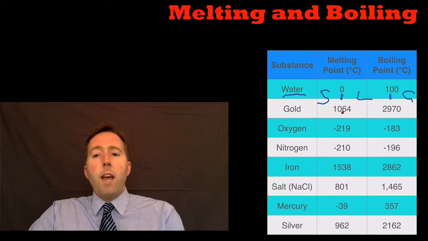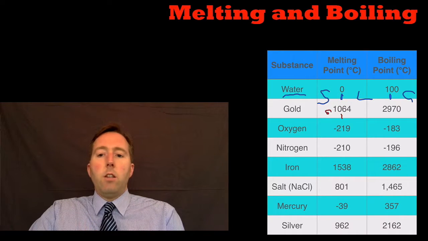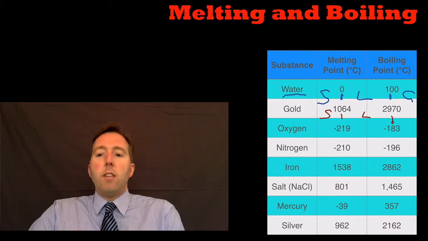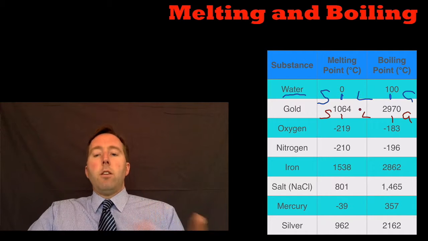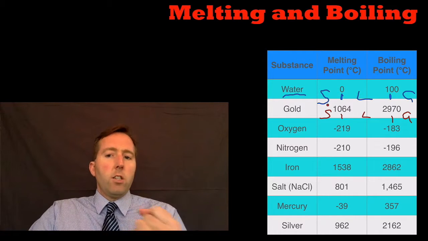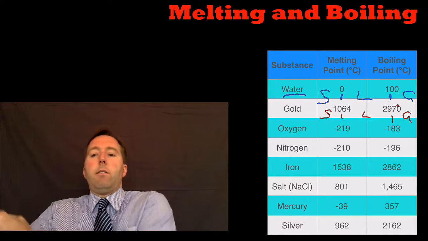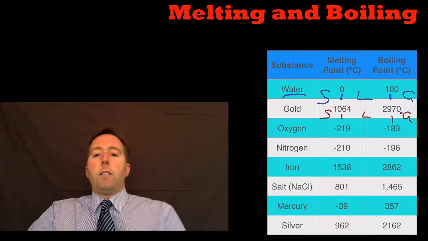But if it gets to 1064, it turns from a solid into a liquid. Gold is a liquid from 1064 degrees Celsius all the way up to 2,970. But at 2,971, gold turns into a gas. Most of our experience is gold as a solid, but if it gets hotter, it'll end up melting, and then it'll end up boiling. So it goes from a solid to a liquid to a gas.